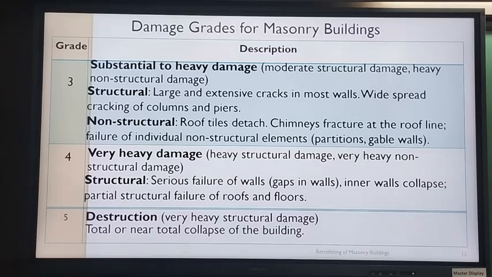This becomes very important because when you look at the overall picture, what percentage of buildings are in each grade dictates how severe the earthquake impact is and what kind of funds will be required to bring everything back to normal.